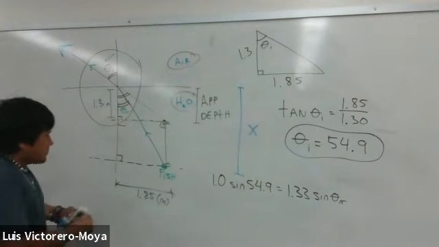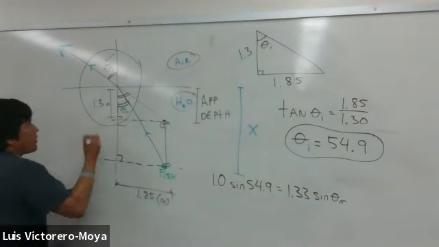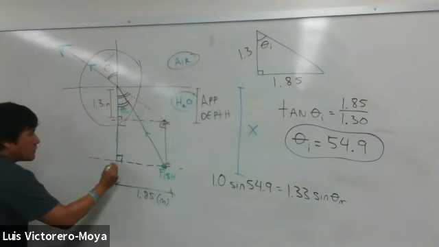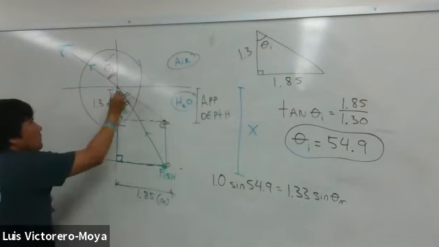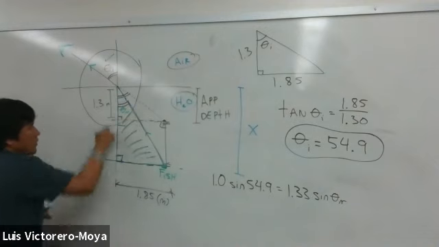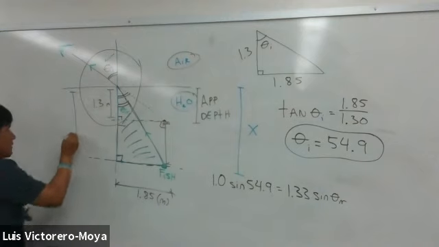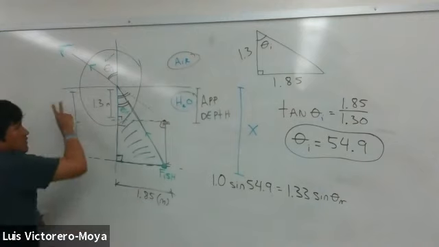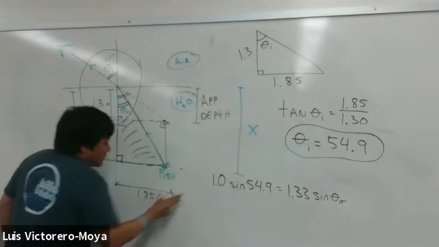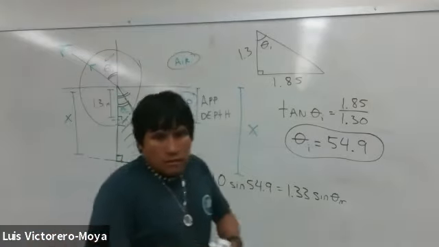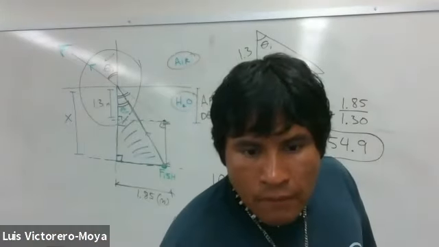And I need theta r because in this triangle here that I'm highlighting, you can find that's x. If you have this and you have this, tangent of theta r will be that divided by that, and that's it. So let's see what I get.